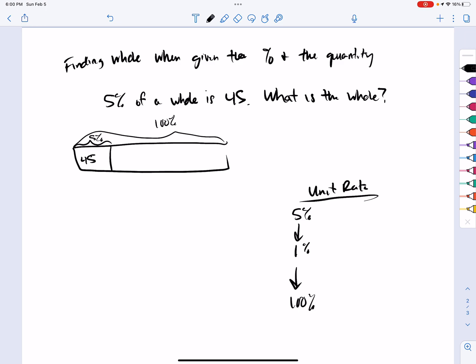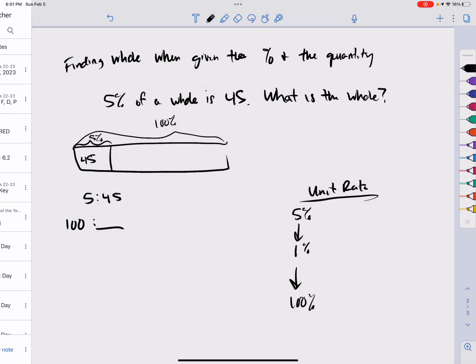Or we could look and see, kind of like when we were comparing quantities with ratios, where if we consider this to be an equivalent ratio or an equivalent relationship, we know that 5% is to 45, and we need 100% to some other value.